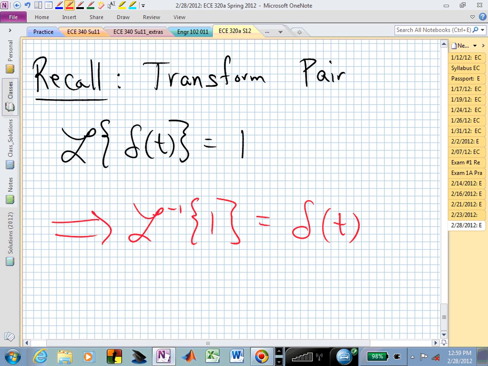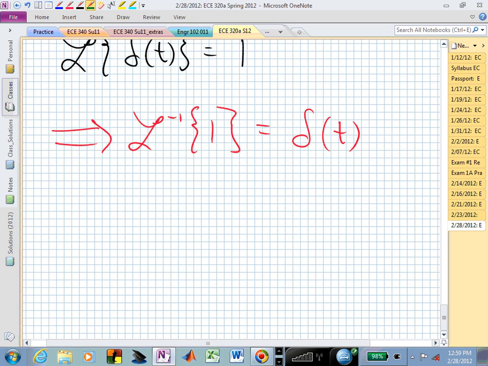That says that your impulse as a signal excites all frequencies in your system. That's sort of one way of interpreting that. But here all we really have to know is that the inverse Laplace transform of a constant is going to give us a weighted impulse function. Now we can start doing that in steps.